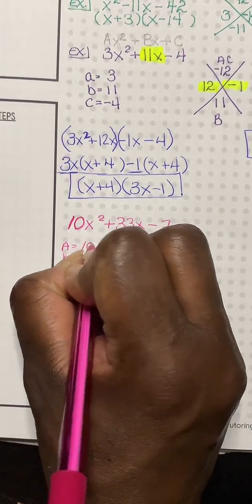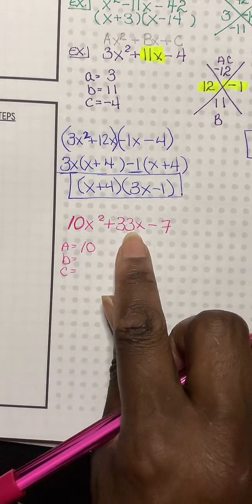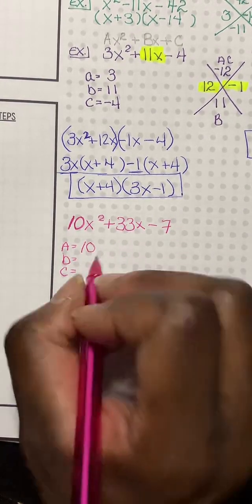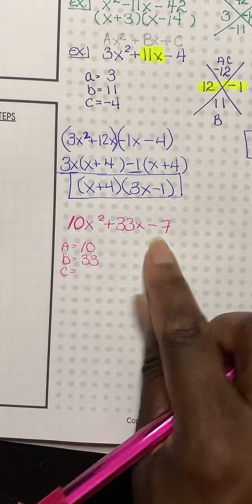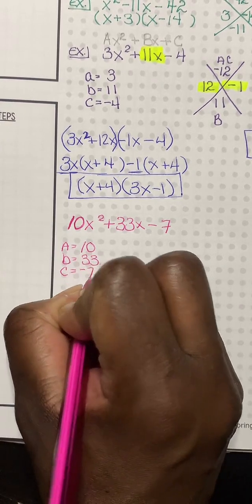That's my 10. My B is going to be the coefficient in front of the x. That's 33. And my C is -7. That's the constant.